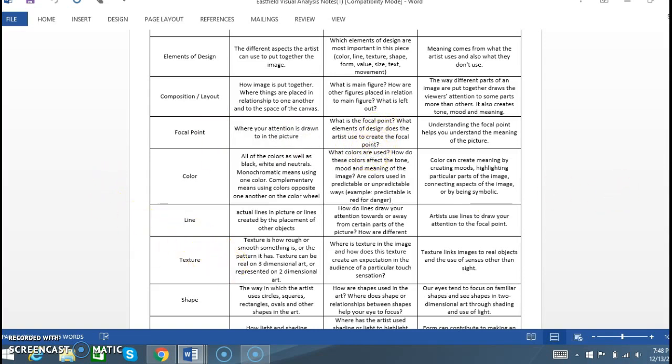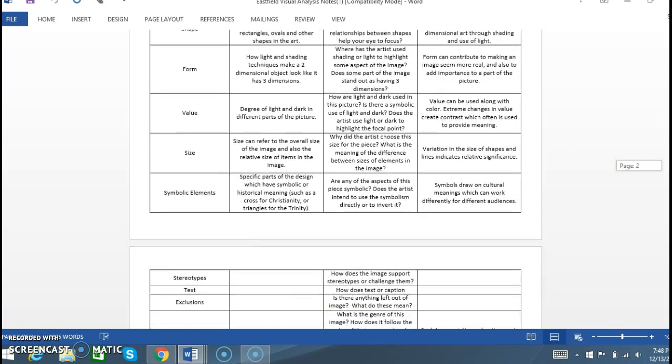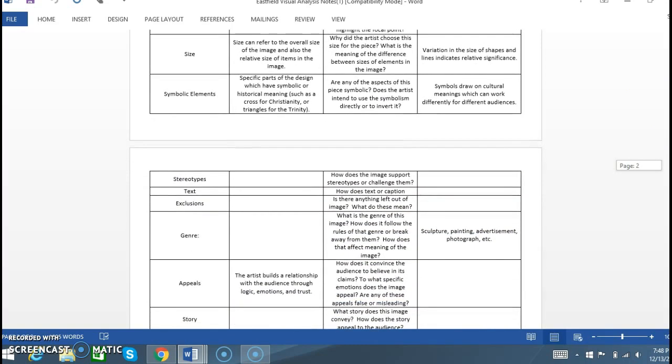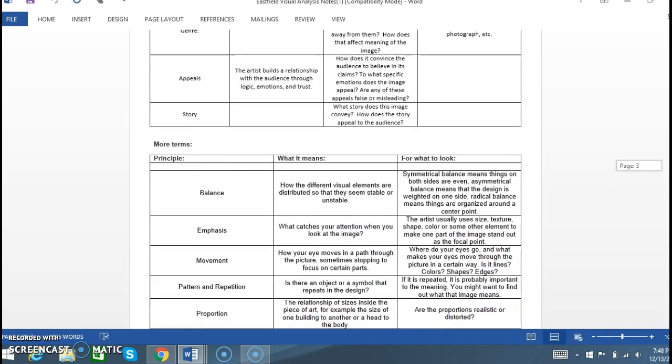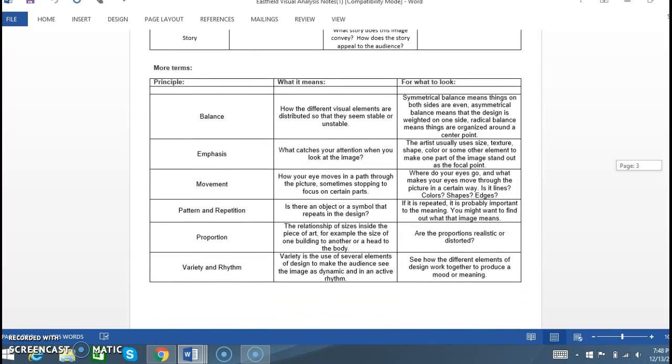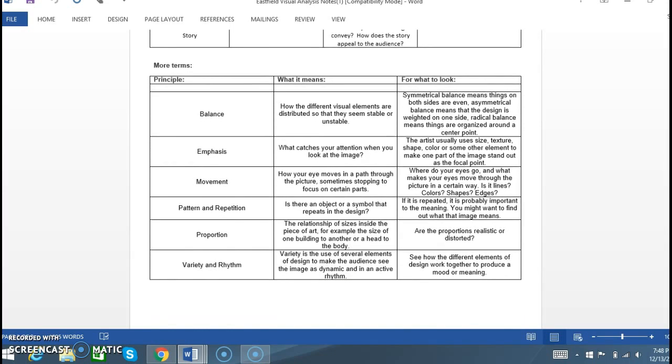Some other important terms would be line, because line is what helps move your eye across an image. Then shape and texture. These are just the technical terms, and it's helpful when you are analyzing an image to be familiar with these terms. And here are some more principles about balance and movement and repetition.